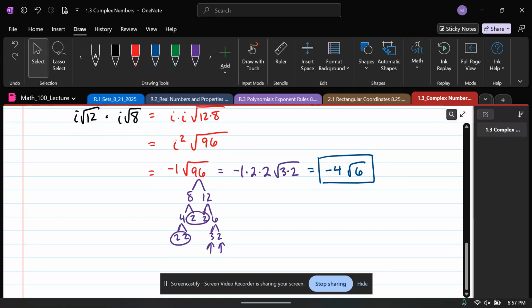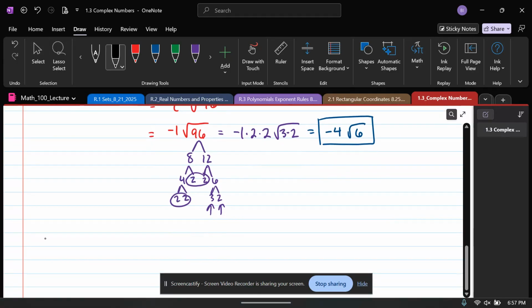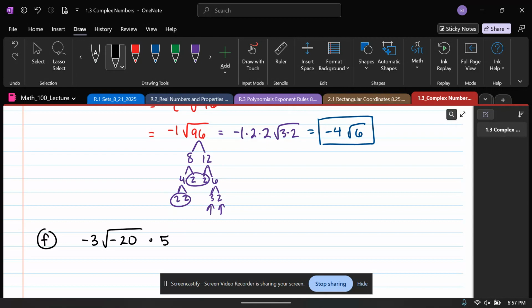Let's do another one. Let's say we had negative 3 radical negative 20 times 5 radical negative 10. So remember, tackle the I's first. Go for the I's. So this is going to be negative 3i radical 20 times 5i radical 10.